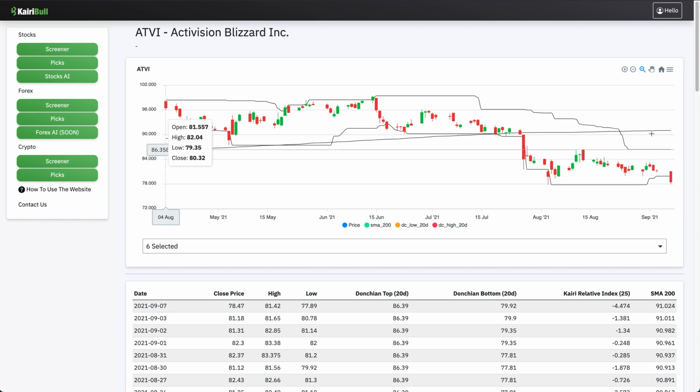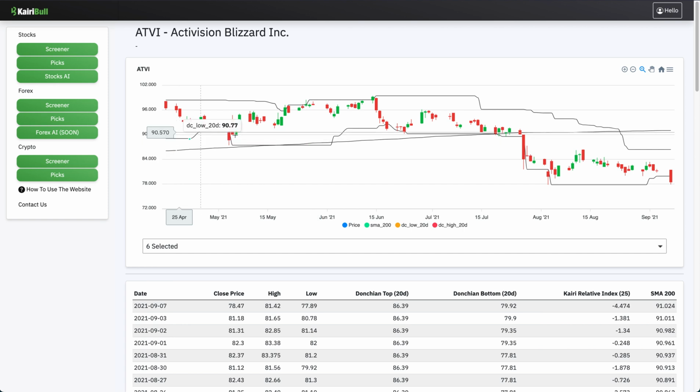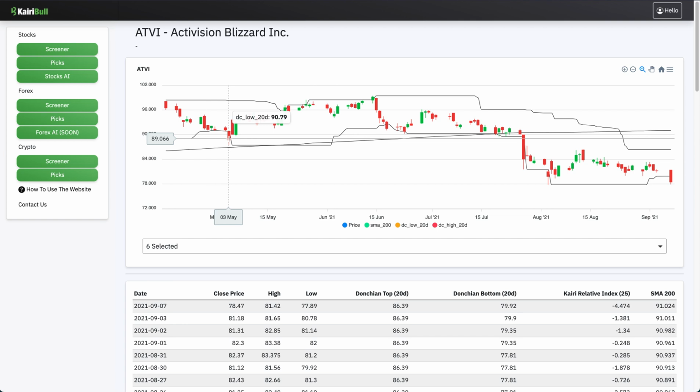The price is clearly above, so we will not go for a short. But as you can see here, in this case, we will not go for a long because the price is below. If you don't know which line is the moving average, you can go here, simple moving average, and you can see. For example, here we would go for a long.